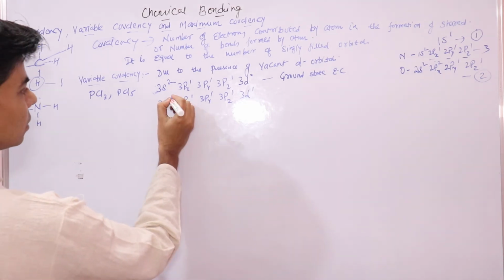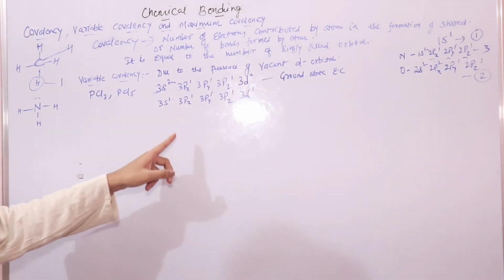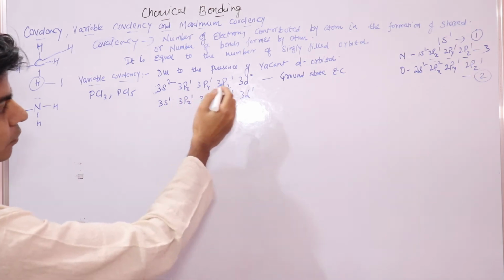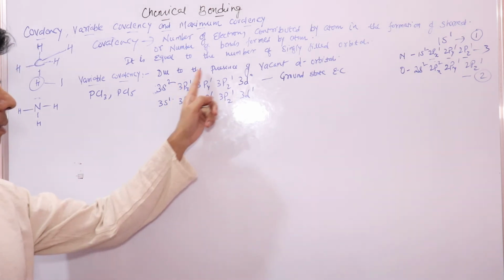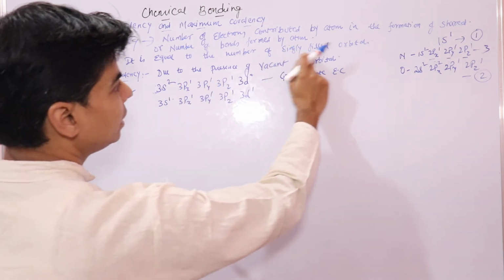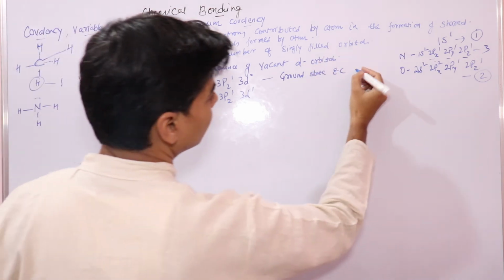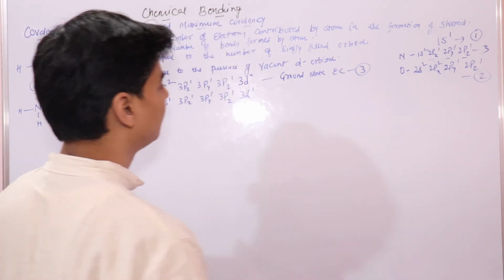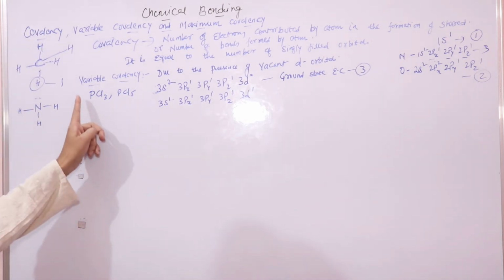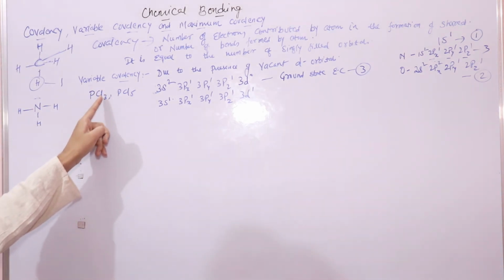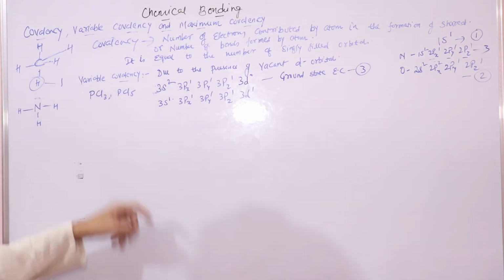I'm sorry, it's 1. So in this case, the number of singly filled or half filled orbitals are 3, right? So this explains the valency of phosphorus as 3 in PCl3 molecule.